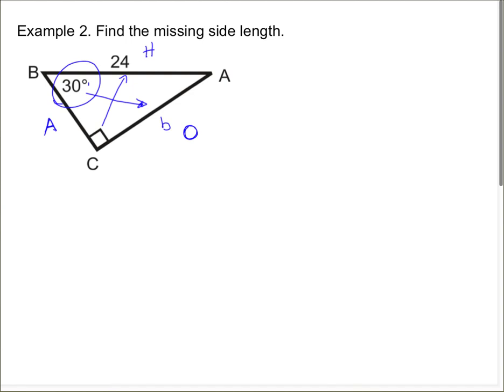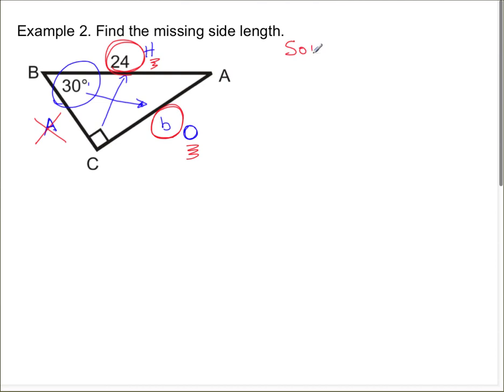Now, if I'm finding little b, I have to use little b, and I have to use a side with a number on it. So this one over here. I don't need this at all. There's no number on it, and I'm not being asked for it. So we're going to use side O and side H.